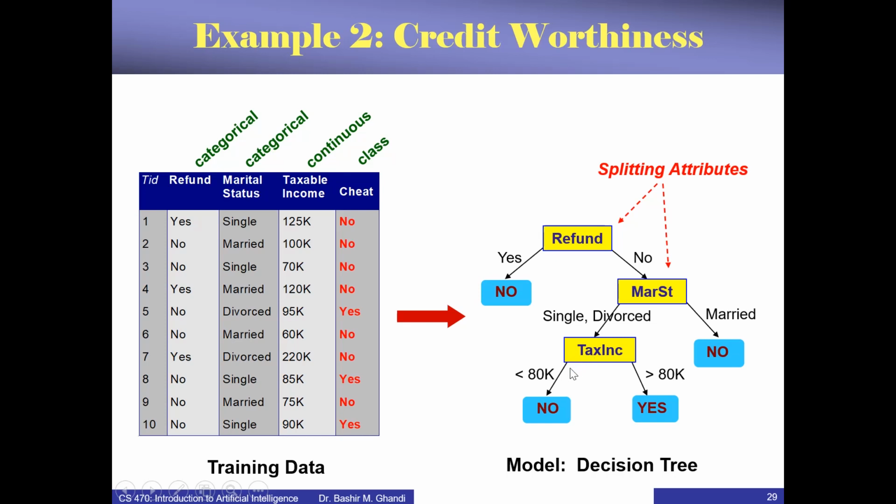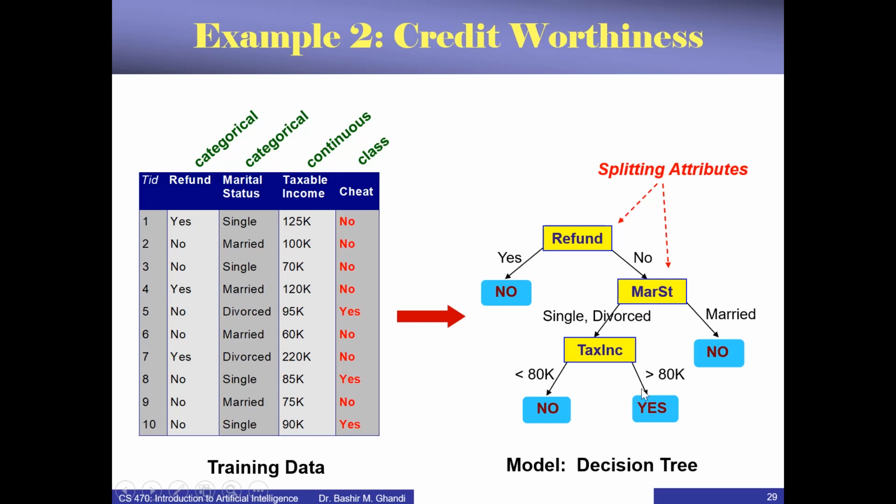And you can see in this case the customers that have an income less than 80,000, according to this data, they are actually not cheaters. It is those that earn more than 80,000 that are actually cheaters.